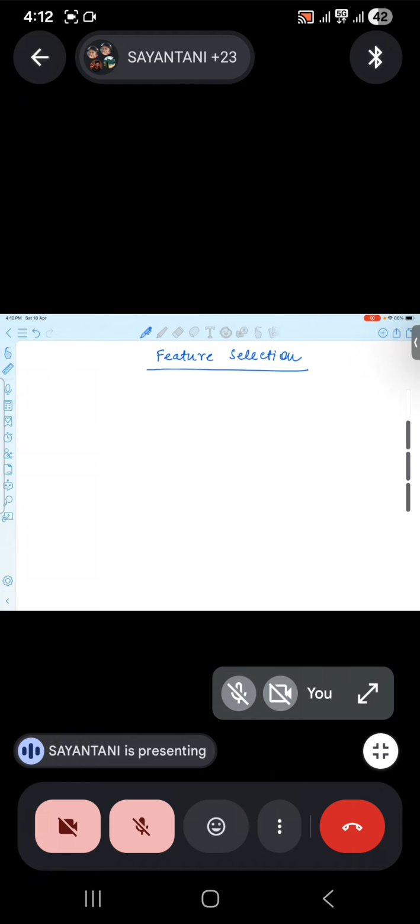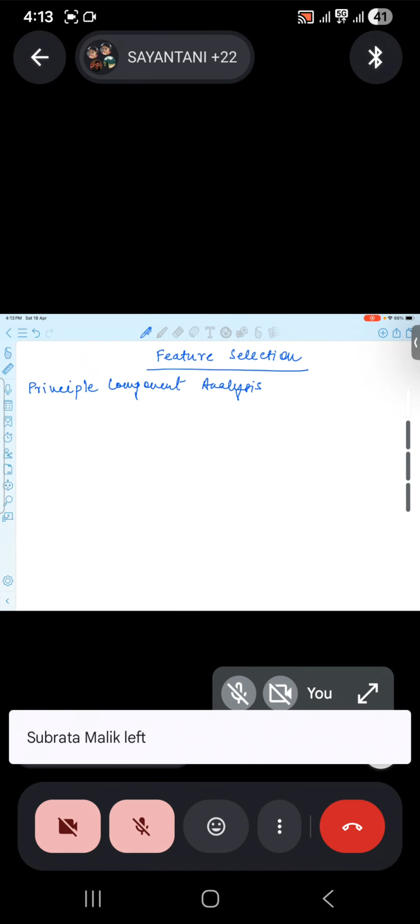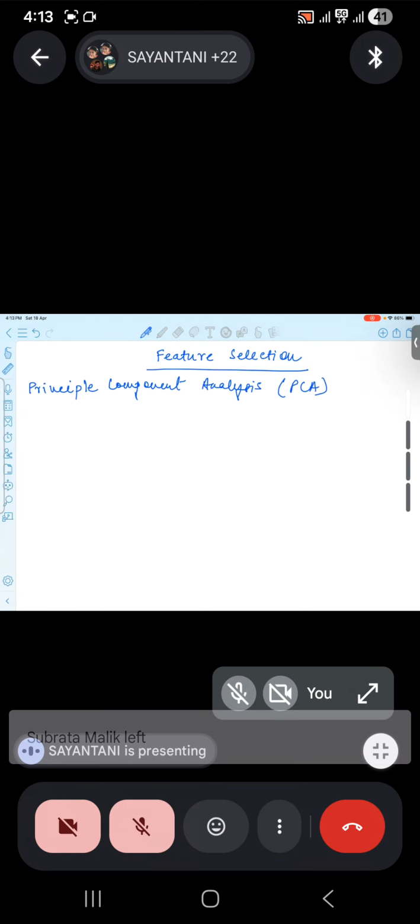Okay. So the most popular type of feature selection method, what we are going to discuss in today's class, is the principal component analysis, that is PCA.